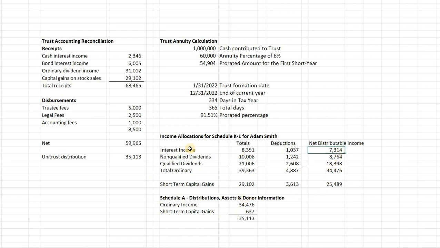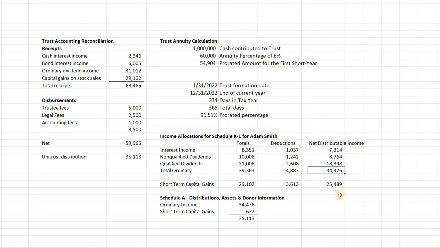So that covers all of the interest income, right? It eats away at all the non-qualified dividend income, $87.64. And then it eats away at all the qualified dividend income as well. So because the $35,113 is higher than this total, we just know that, okay, well, all of this ordinary income is being distributed out to Adam.